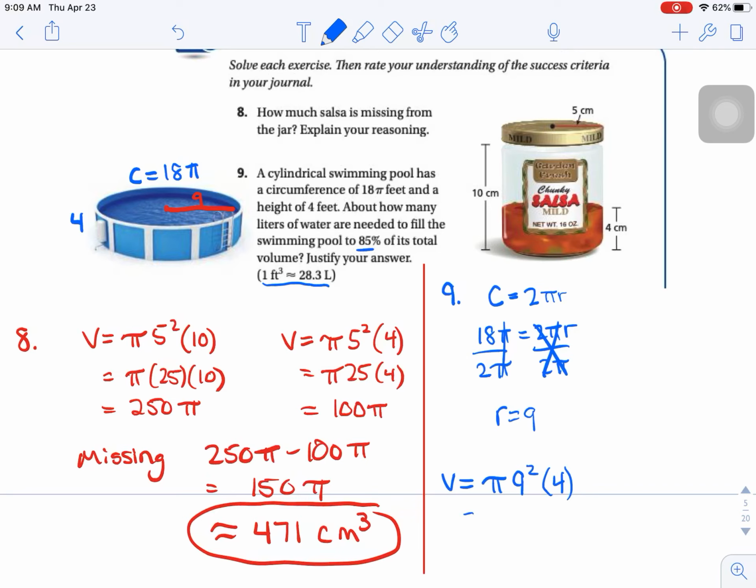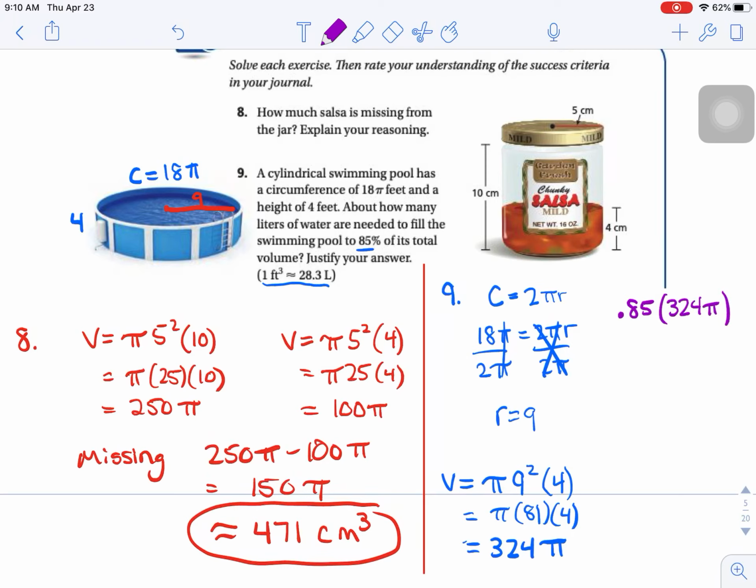So that would give me pi times 81 times 4 is 324 pi. I'm going to leave it like that for now, because what I know is that we only wanted 85% of the total volume.